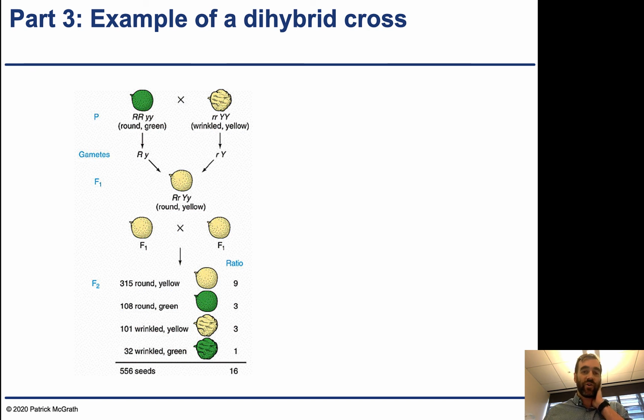So the color can be green or yellow, the shape can be smooth or wrinkled. And so we have chosen parents whose phenotype, if we contrast it to the second parent, differs at two different characters. So that's one of the necessities of having a dihybrid cross. The assumption is that there are two characters that are different between the two parents.